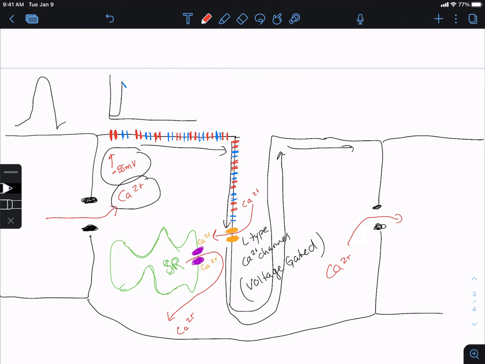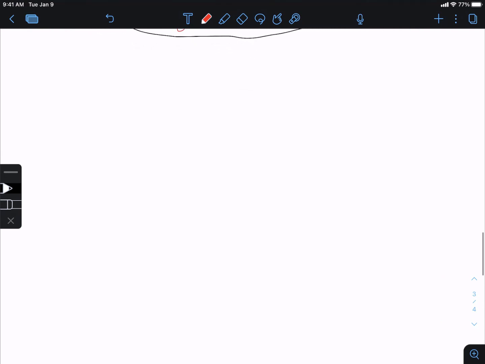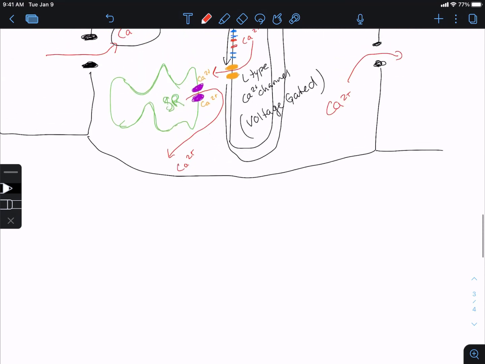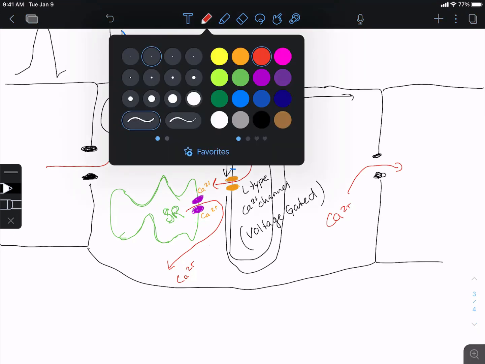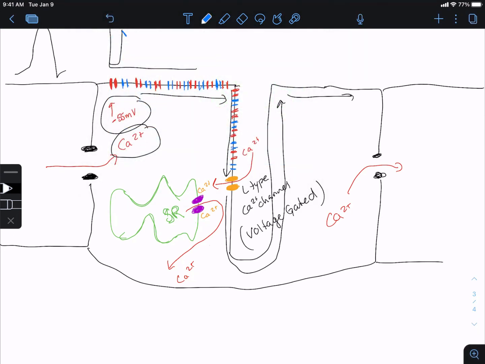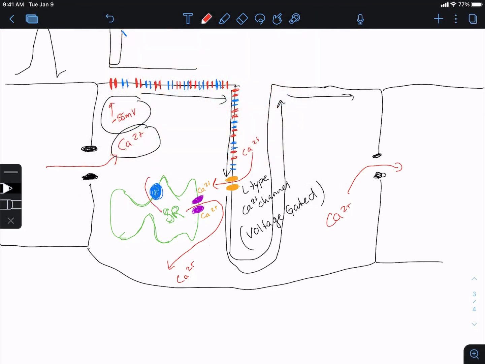Now, calcium causes contraction by binding to troponin, and the steps from this point on are exactly the same as they are in skeletal muscle. And then of course, to end the entire process, we need our calcium ATPase here in the sarcoplasmic reticulum, which is going to take that calcium and pump it back into my sarcoplasmic reticulum.